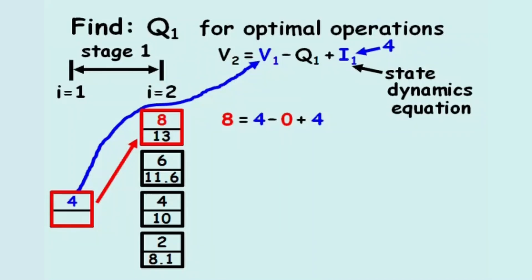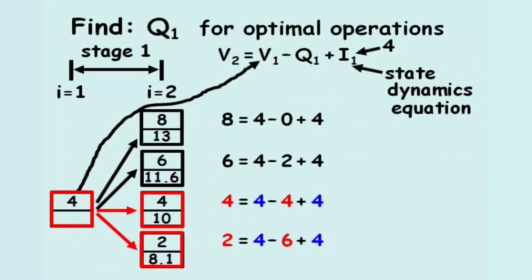Releasing 2 units of water will result in V2 equal to 6 units of water. And releasing 4 and 6 units of water will result in storage volumes of 4 and 2 at the end of Stage 1, respectively.